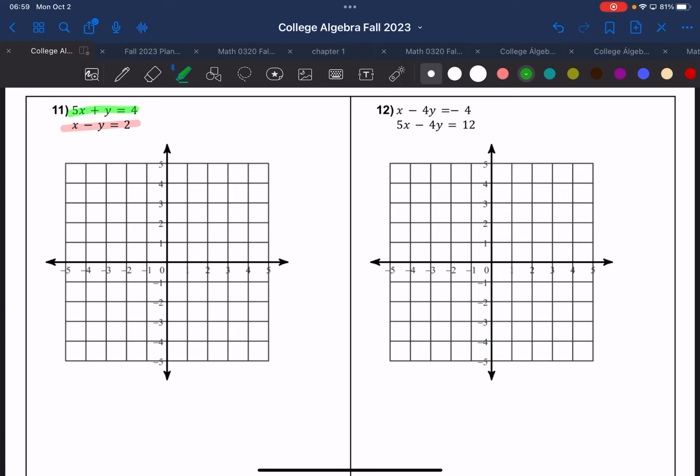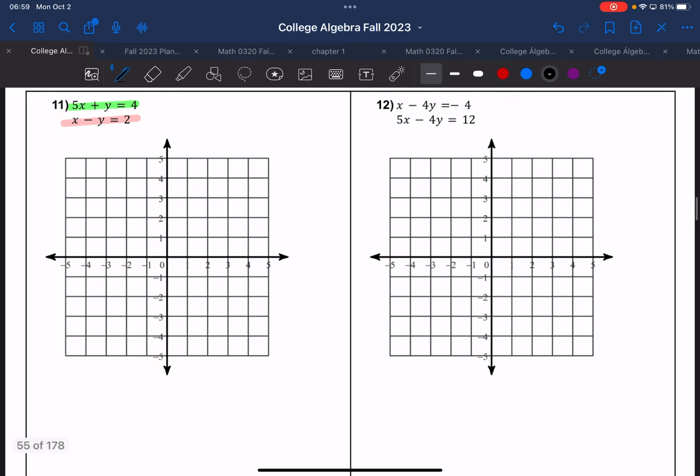Okay, so looking at the first equation, let me write it down here. So I have that 5x plus y is equal to 4. In order to put this in y equals mx plus b form, I need to get y by itself. So what am I doing? Good, subtract 5x over, and I get y is equal to -5x plus 4.